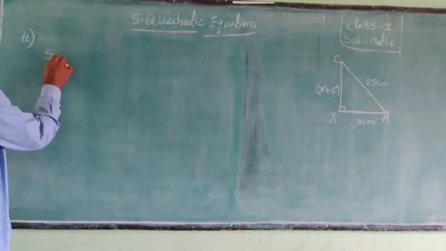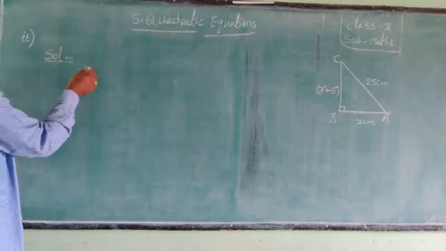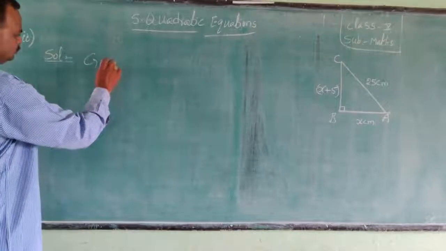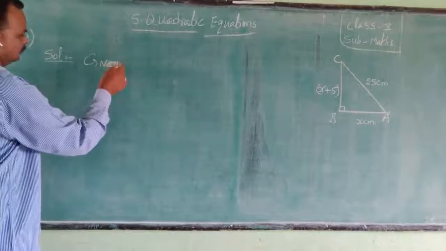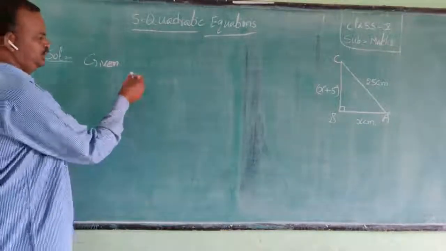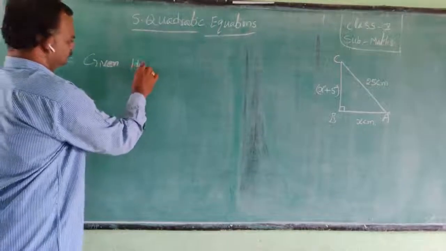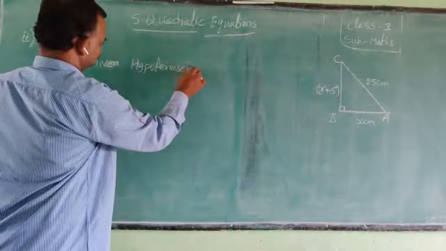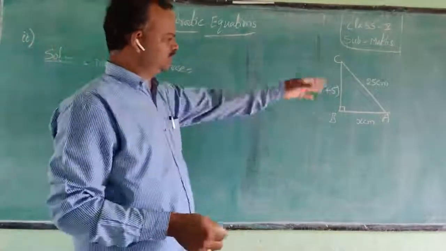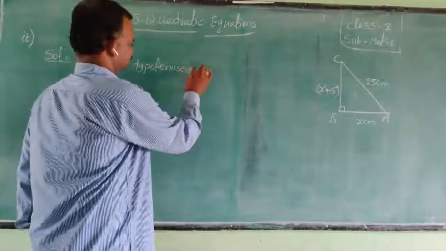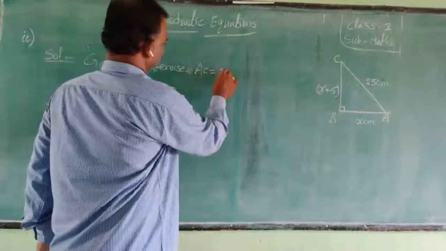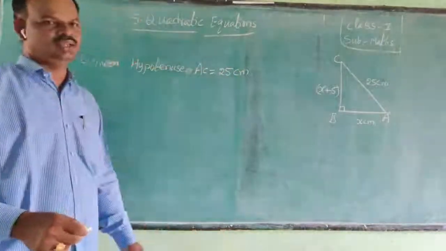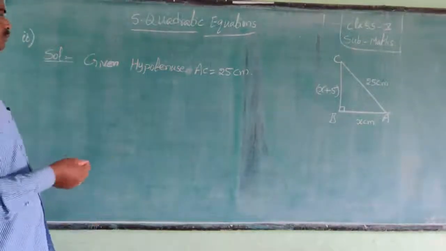Solution. Given hypotenuse, here the hypotenuse is AC. AC is equal to 25 centimeter.